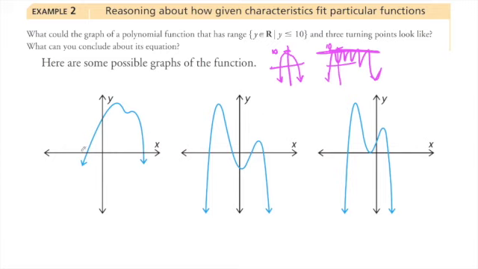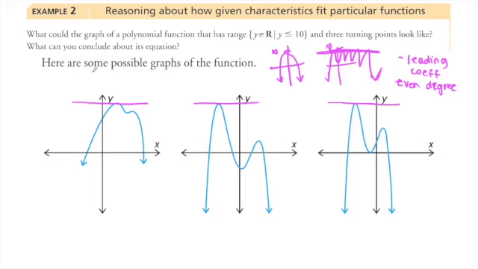Because you can never go higher than that 10. So to get us to have our negative end behavior here, we have to have a negative leading coefficient. And we have to have an even degree for both of our end behaviors to be the same, okay?